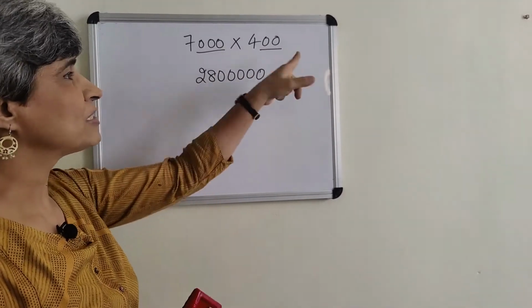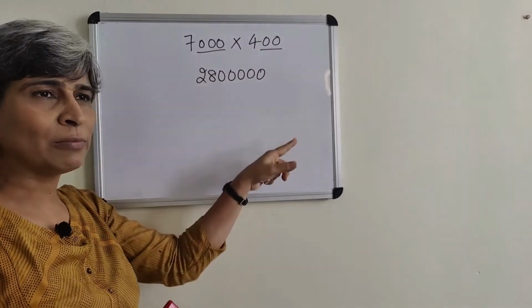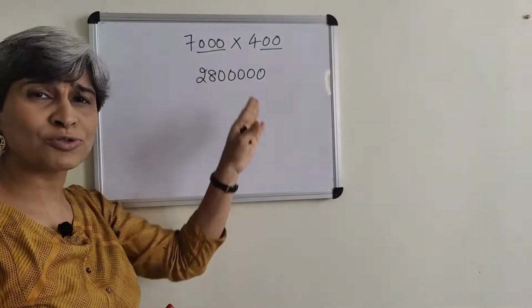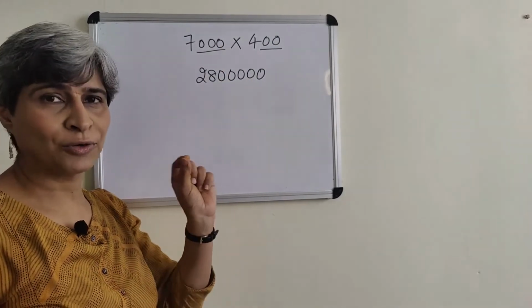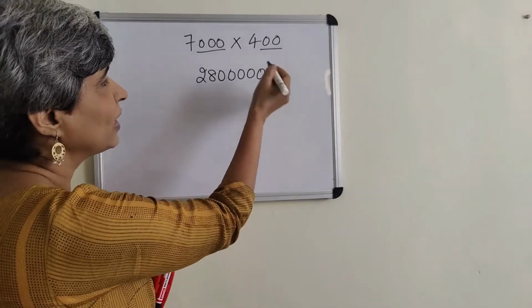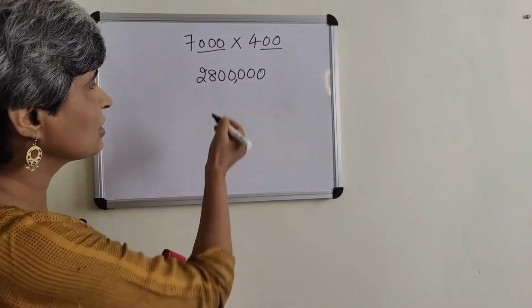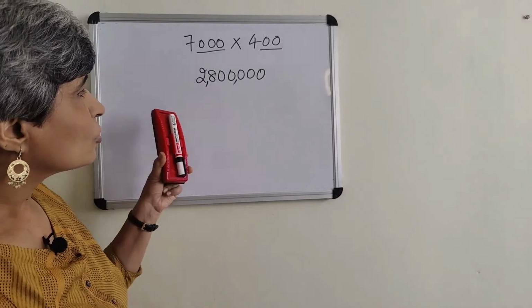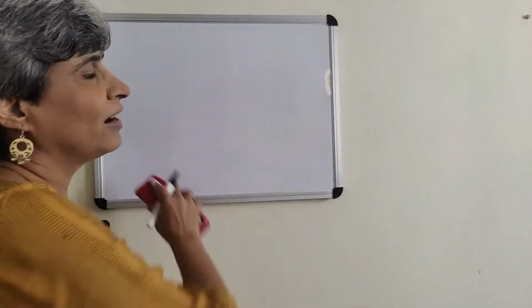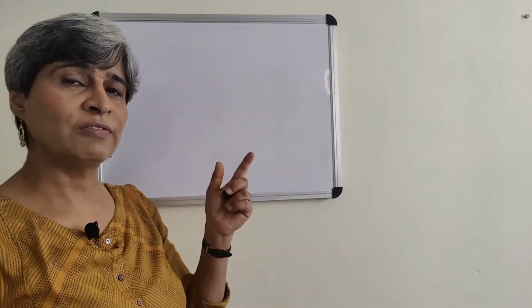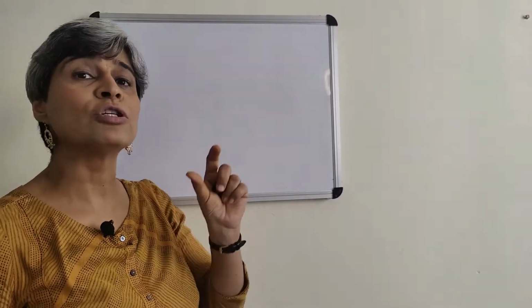Otherwise, what you would do is 700, 400, column method, so many zeros, so many times, possibility of making an error much higher. Okay, try this out. In this way, again, if I use my international system, 2,800,000 is the answer.